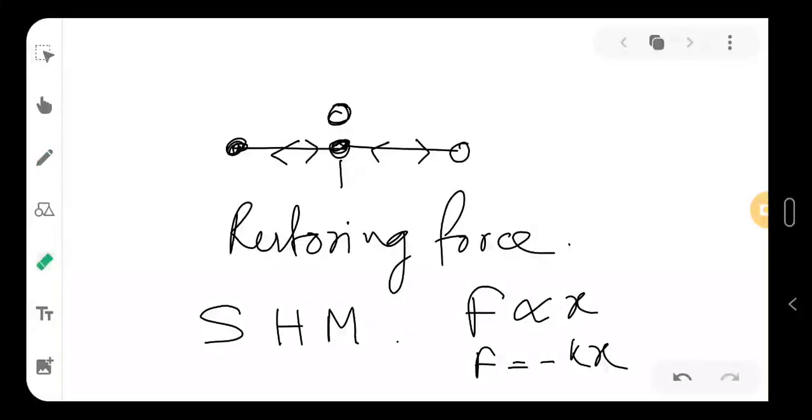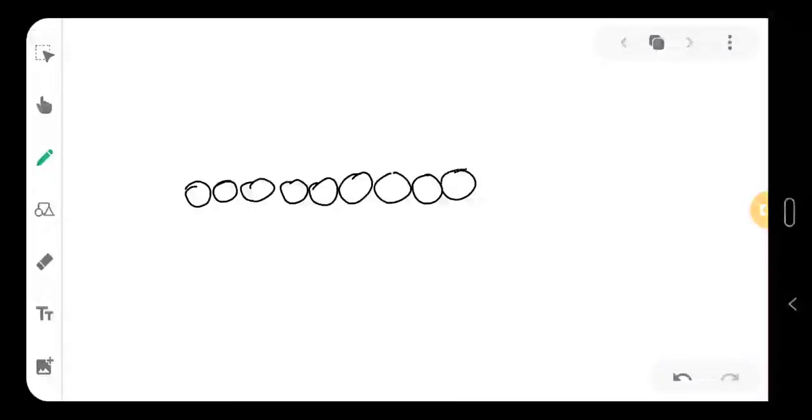Now, a wave is a kind of propagation of disturbances that is going on. Let's say we have a lot of particles one after another. What will happen if one particle starts oscillating?